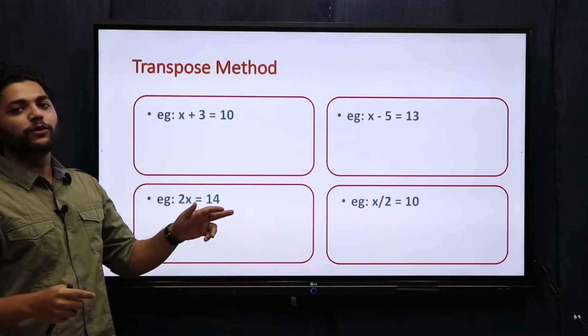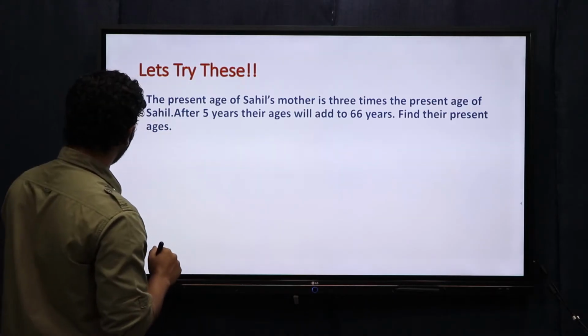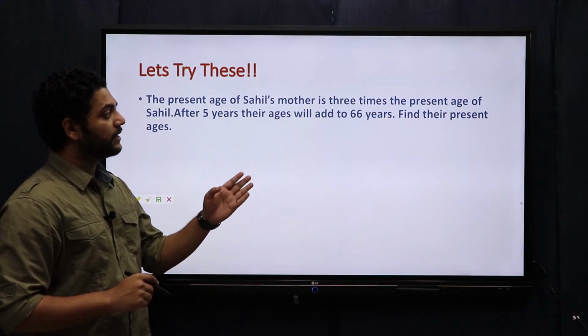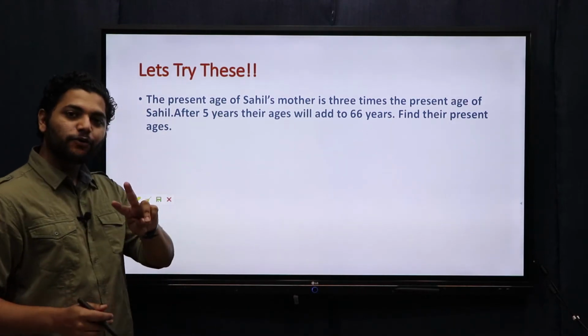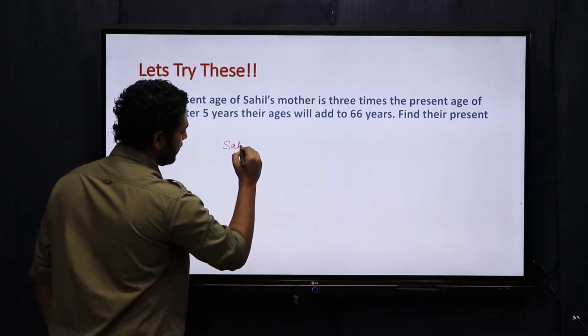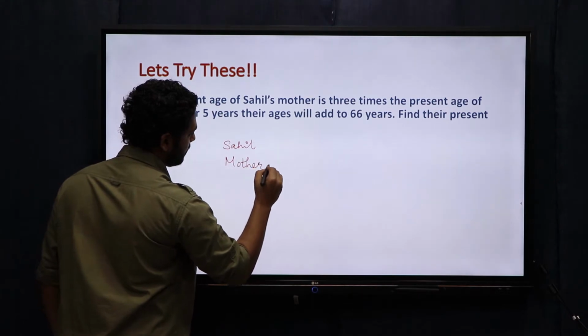Now, let's move forward and solve some questions. So, here's the first question. The present age of Sahil's mother is 3 times the present age of Sahil. So, there are two people here, so let me make a table for you: Sahil and mother.